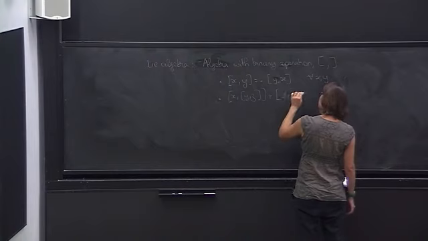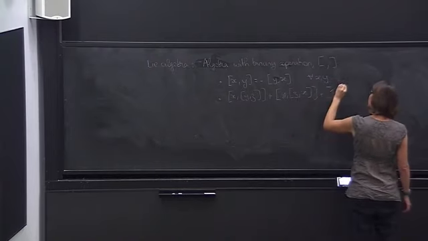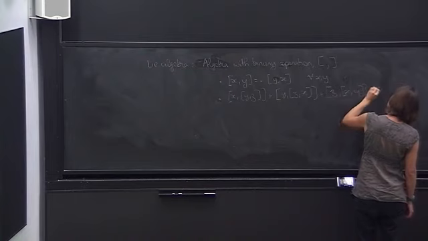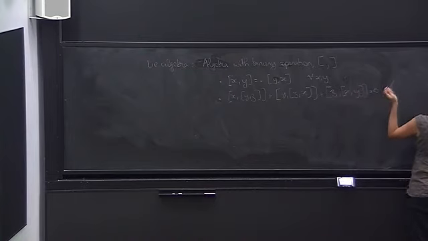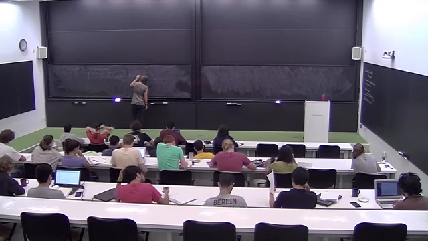You have to do some linear permutation here, and then you get the Jacobi identity.